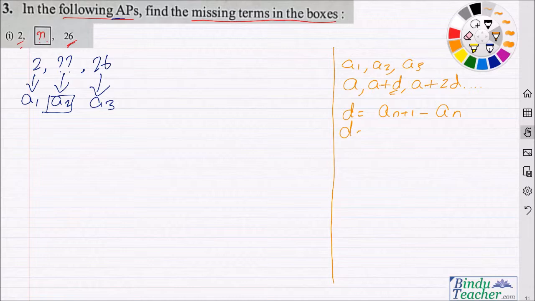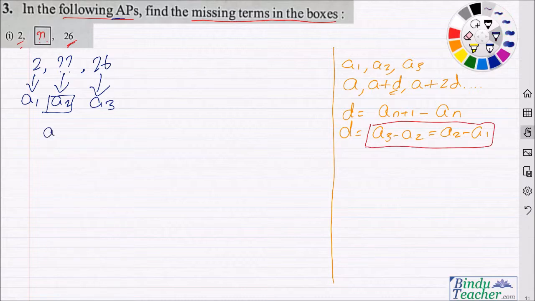For example, D equals A3 minus A2. But this value should also be equal to A2 minus A1. So let's take this particular equation and write it down. We have said in an arithmetic progression, A3 minus A2 should be equal to A2 minus A1.